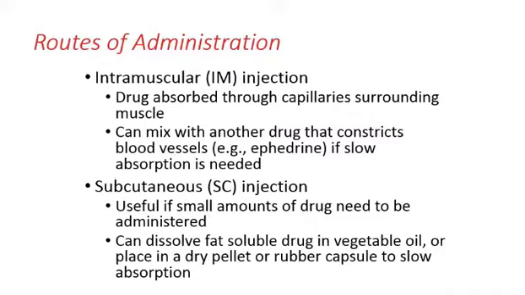The intramuscular injection is a little bit like the intraperitoneal injection, although the drug is absorbed maybe a little bit more slowly yet. We could actually mix our drug with a different drug that constricts the blood vessels, like ephedrine, if we want to slow down the absorption of that drug.